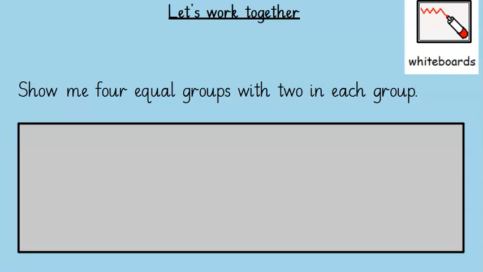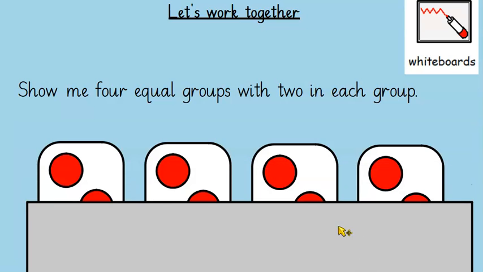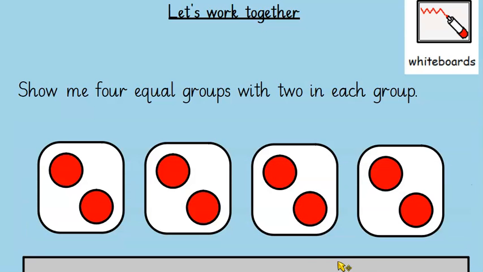Okay, so you should have drawn 4 groups. Maybe you drew 4 circles, and then you would have needed to do 2 in each group. So it should look something like this. You can draw circles or squares, it doesn't really matter. But as you can see, there's 2, 2, 2, 2. I have 2 4 times. Did you get that right?